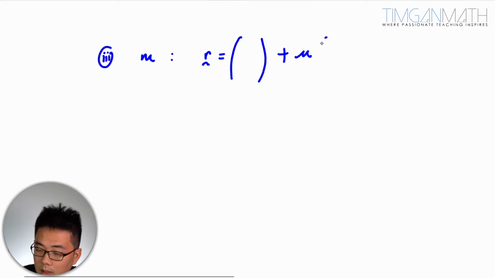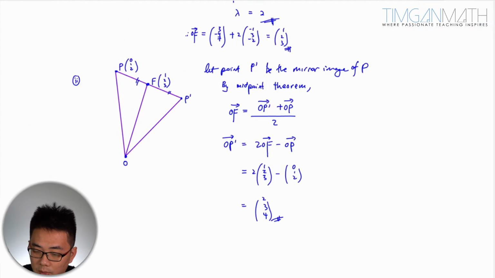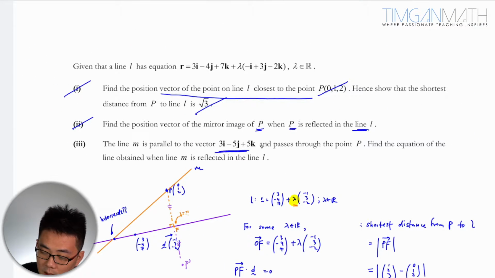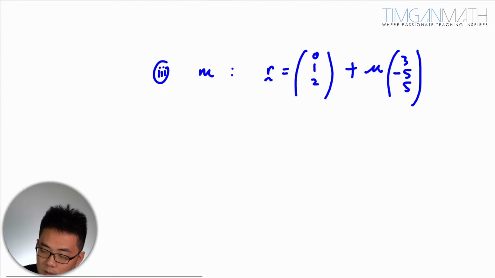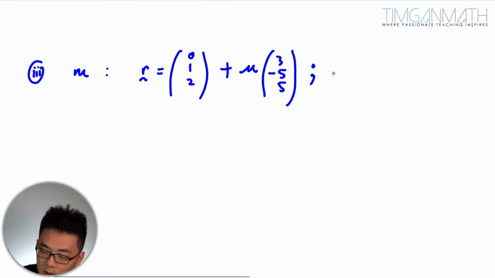And it has this direction vector 3, minus 5, 5. We are told it passes through P, and P would be 0, 1, 2. So that would be 0, 1, 2 there, and this is actually mu, a real value.